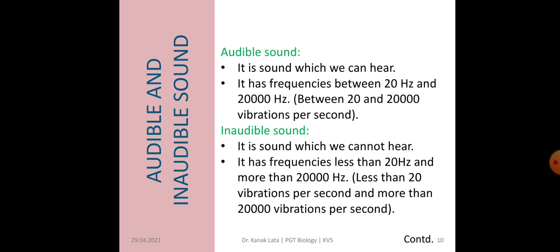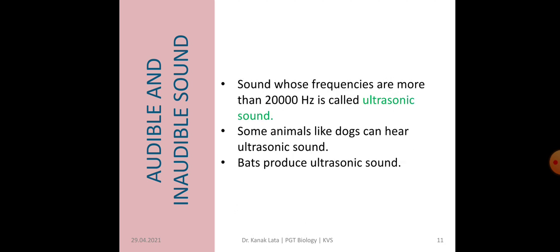So I hope it is clear to all of you that audible sounds have frequency between 20 Hz and 20,000 Hz, and inaudible sounds have frequency less than 20 Hz and more than 20,000 Hz. Sound whose frequencies are more than 20,000 Hz is called ultrasonic sound, and sound whose frequencies are less than 20 Hz is called infrasonic sound.